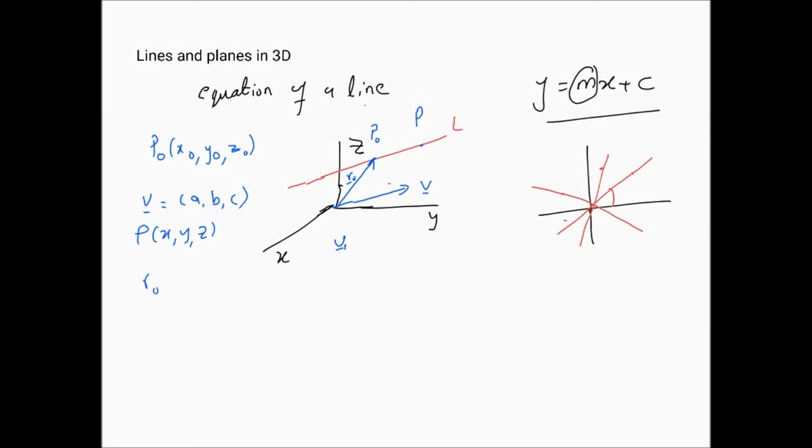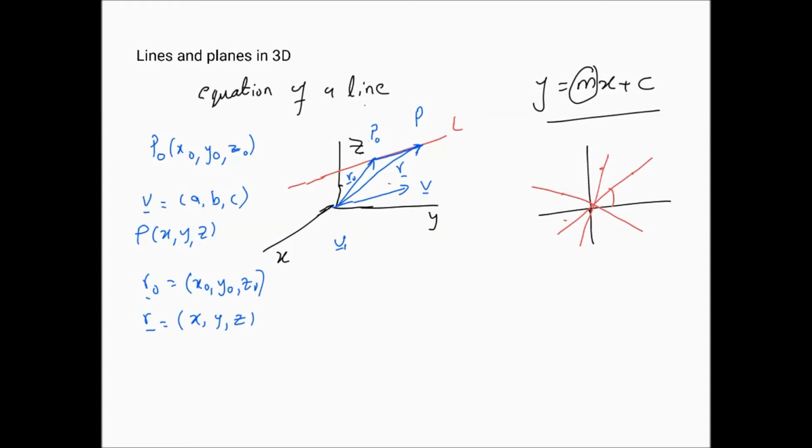So R0 is the vector with coordinates x0, y0, z0. And this is also a vector, let's call it R, and the vector R has coordinates x, y, and z.